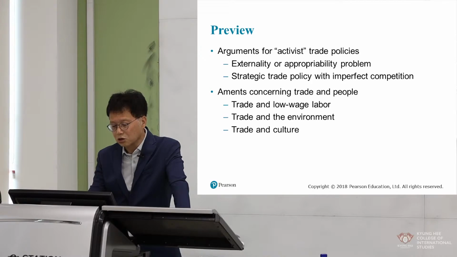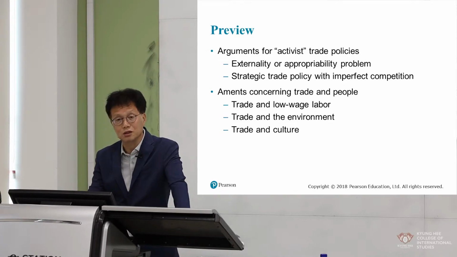Section 2 is trade and the environment. Usually developed countries have lots of regulations on pollution abatement, so developed countries emit less than developing countries.